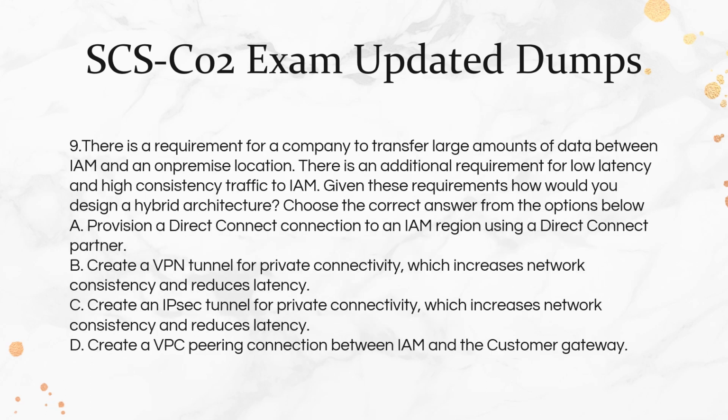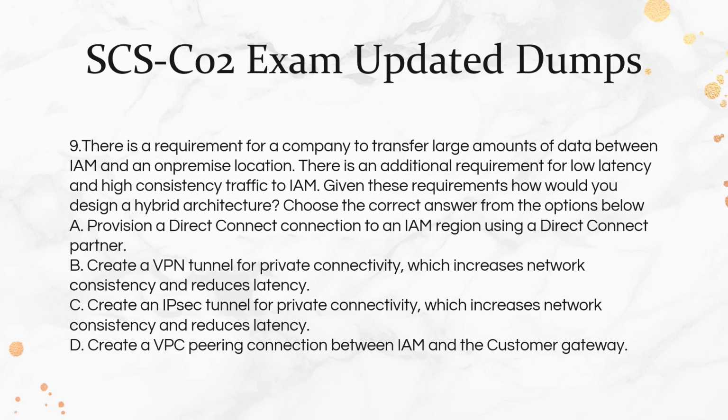9. There is a requirement for a company to transfer large amounts of data between AWS and an on-premises location. There is an additional requirement for low latency and high consistency traffic to AWS. Given these requirements, how would you design a hybrid architecture? Choose the correct answer from the options below. A. Provision a Direct Connect connection to an AWS Region using a Direct Connect partner.